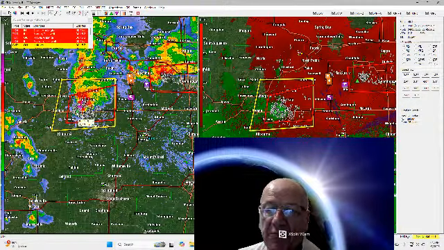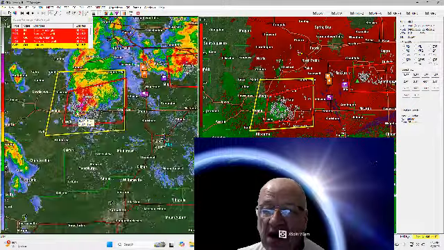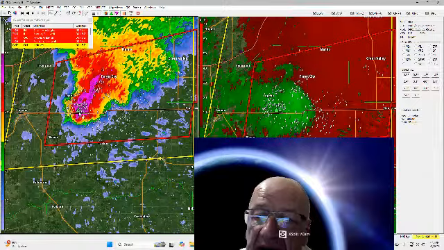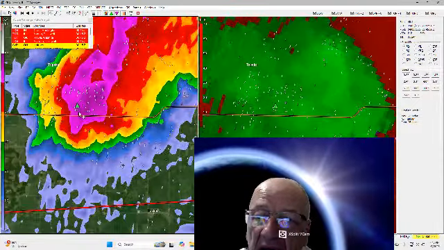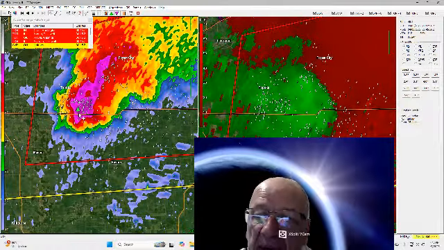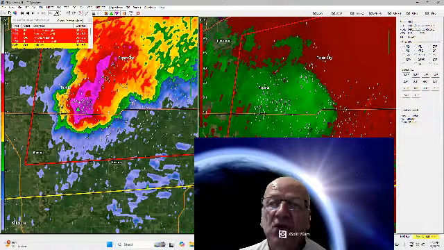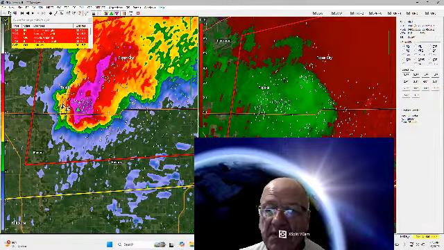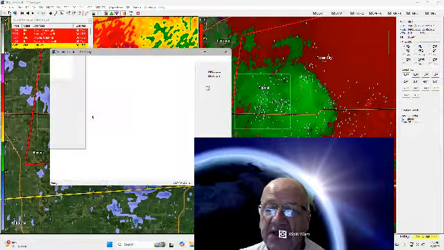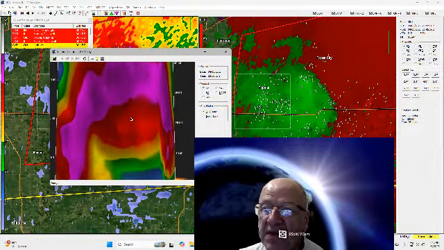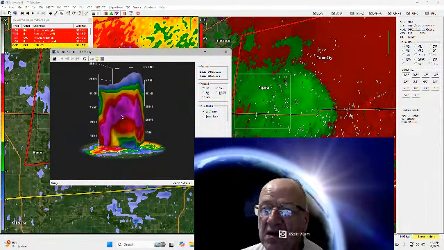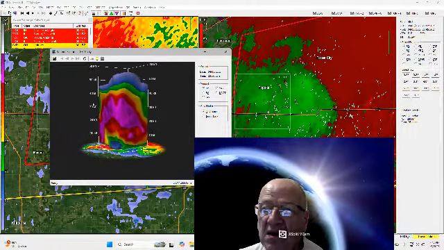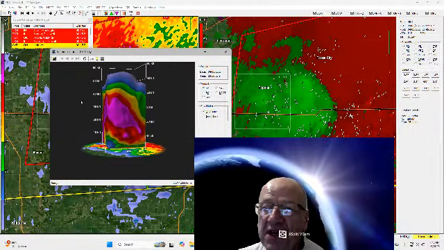Oh, we have a report here of over 4-inch hail. This might be in a remote area, but we can look at this storm to see the depth, the height. I think we already looked at this. Yeah, this is not under 60,000 feet.